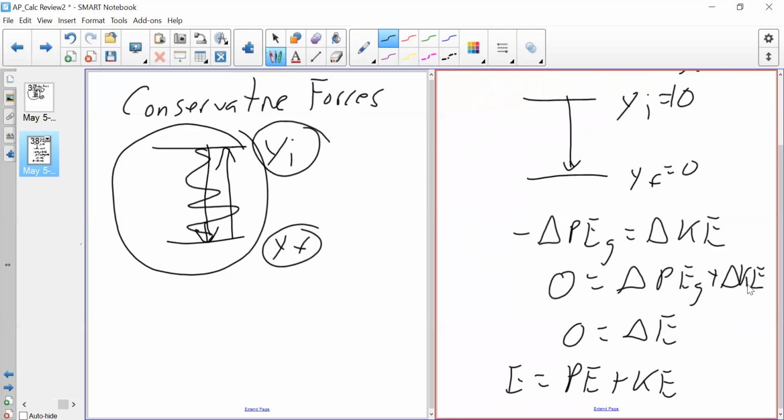So delta PE plus delta KE is delta E. So this just means that the energy is constant. There is no change, which means that the energy in a closed system is conserved. This goes back to our other discussions. And we can see that on page 199.